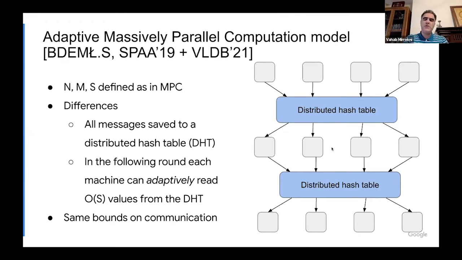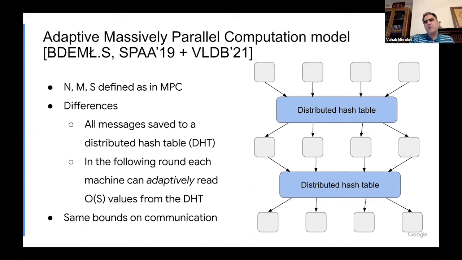Then each machine can read from this service in a random access model. We still have restrictions on the number of data points that each machine is going to read, and similar restrictions on the communication. This makes the communication and computation model much more flexible and still interesting and relevant.